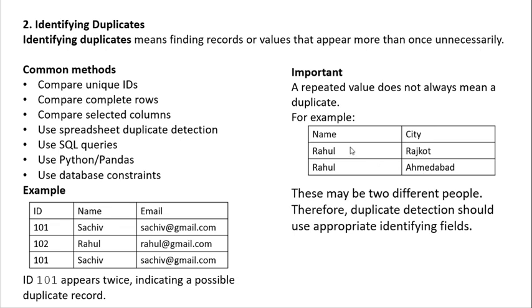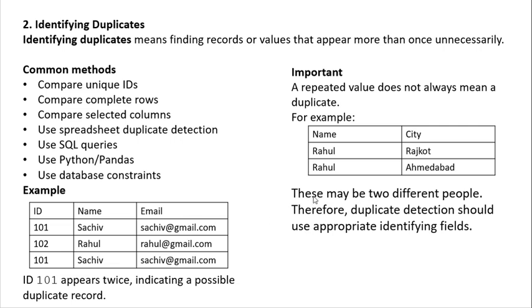Since the cities are different, these may be different people, even though all the other data is repeated, such as ID 101 two times and the same names and email in both rows.